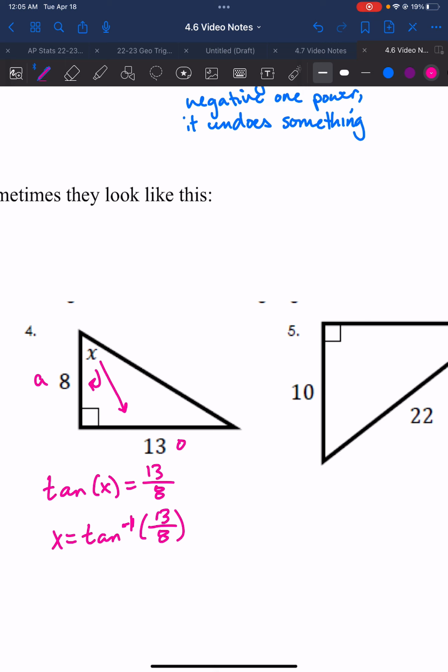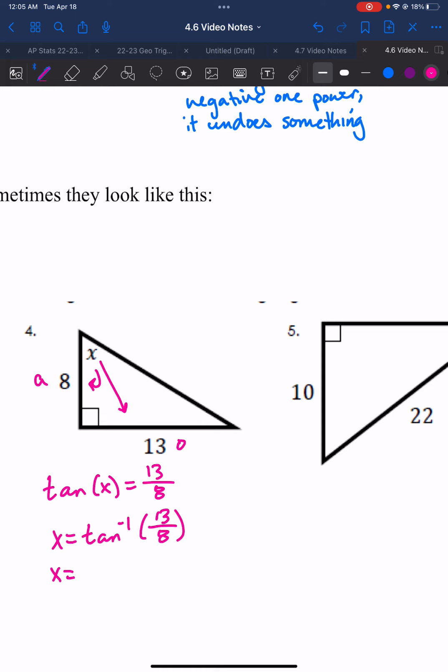And at this point, you could either plug this into your calculator exactly like this, or you could use your trig table and do 13 divided by 8, which is 1.625. So in your table, you end up finding that you're between 58 and 59, because 58 is 1.600 and 59 is 1.664.